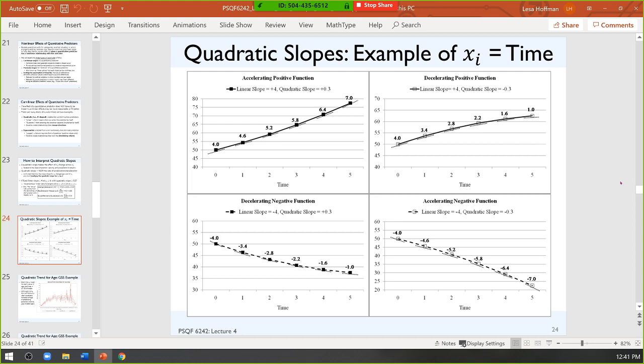Those two predictors work together to create a function that has curvilinearity. The type of function that you can have, there's only 4. You start with whatever the linear slope is. If it's positive, the quadratic's job is either to speed it up or to slow it down. I would call that more positive if it's speeding up or less positive if it's slowing down.